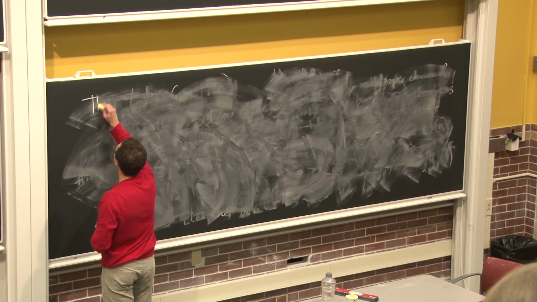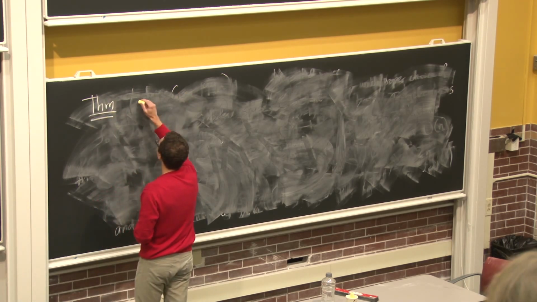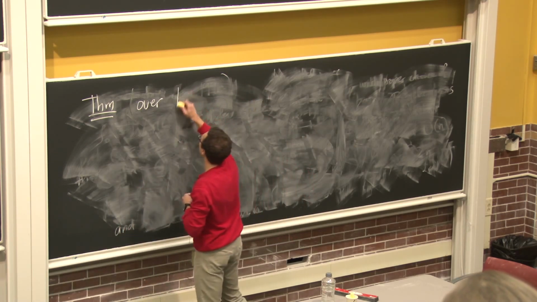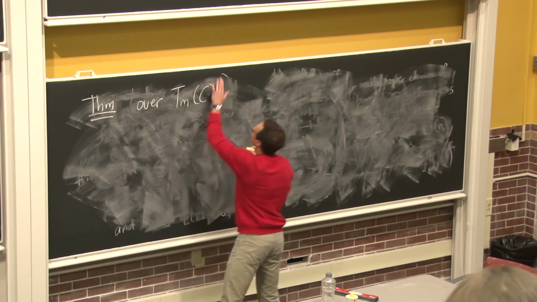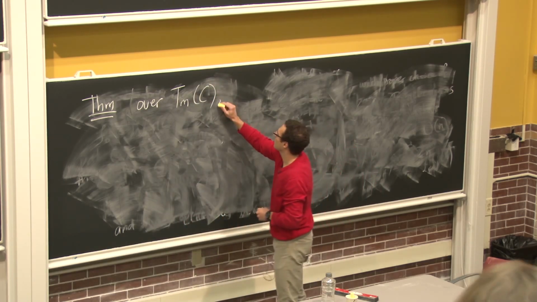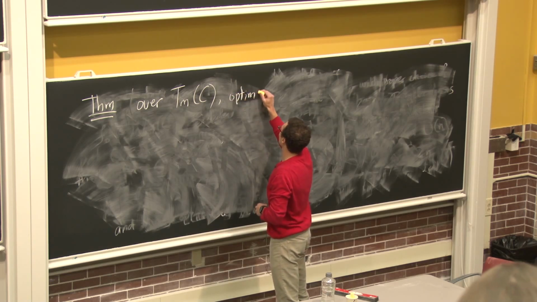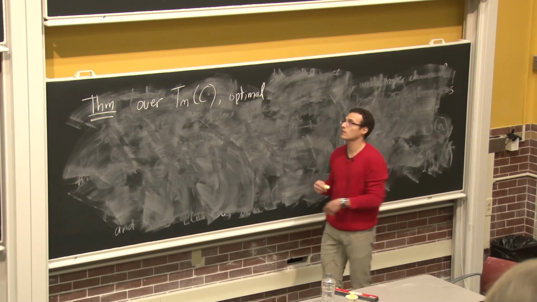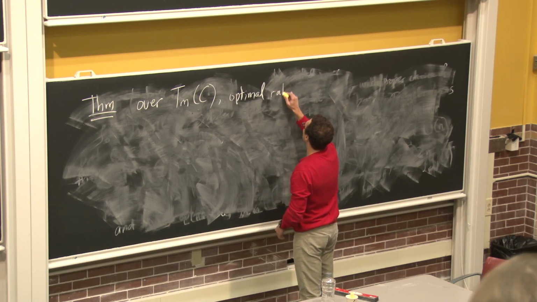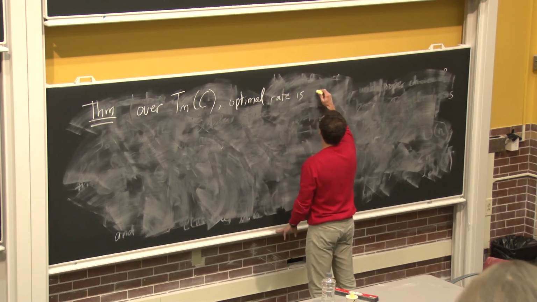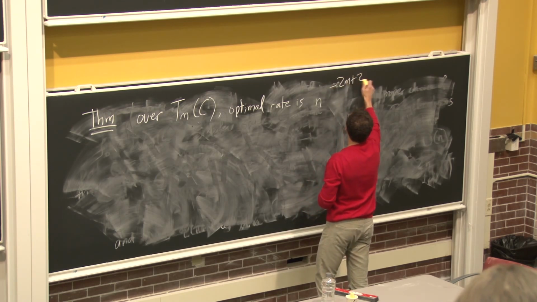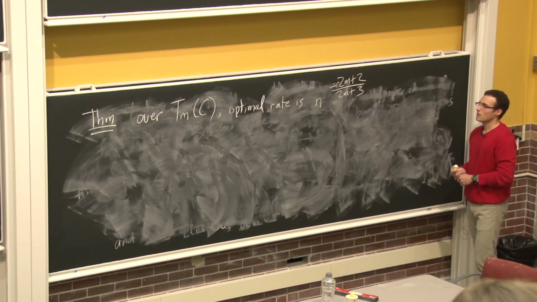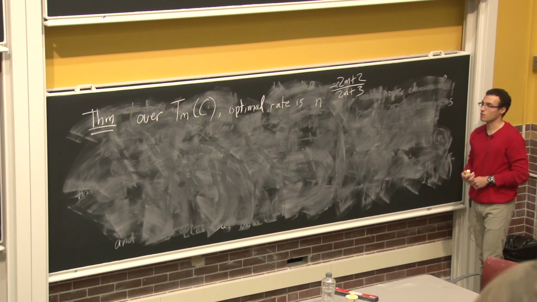Donoho and Johnstone's theorem says that over this bigger function space, let's call it T^m(C), the optimal rate, so the best you can hope to estimate functions that live in this function space, which can have mixed smoothness, can have spikes and so on, is n to the minus (2m plus 2) over (2m plus 3).